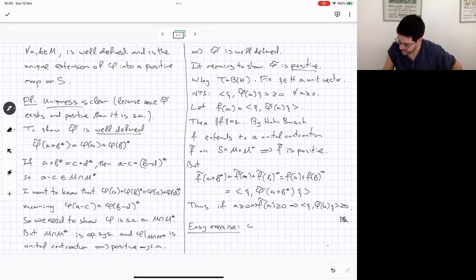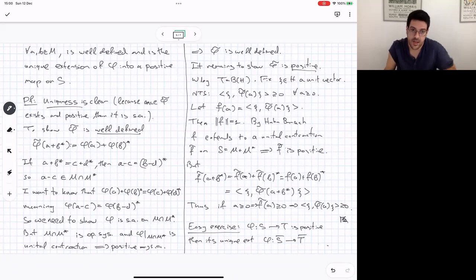If phi from S to T is positive, then its unique extension, right? I can always extend it to a continuous map, which will be linear, of course, to the closures. I remind you that I never assume that the operator systems are closed, but this will be positive too.